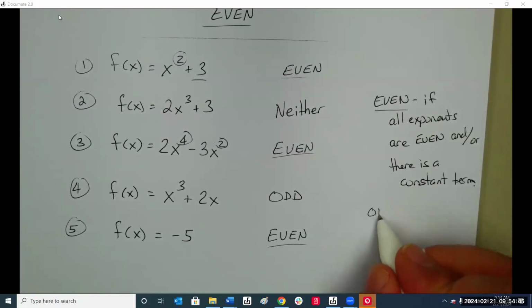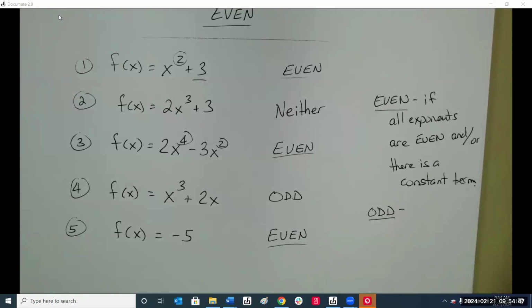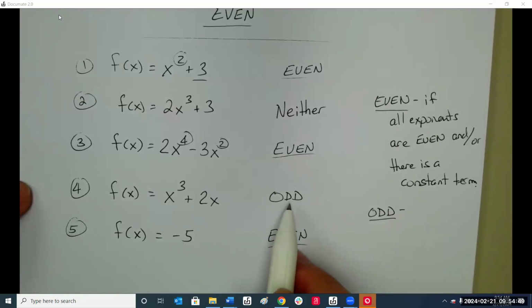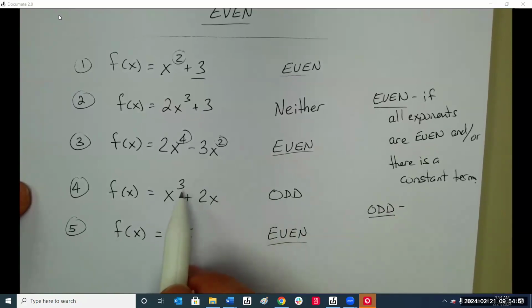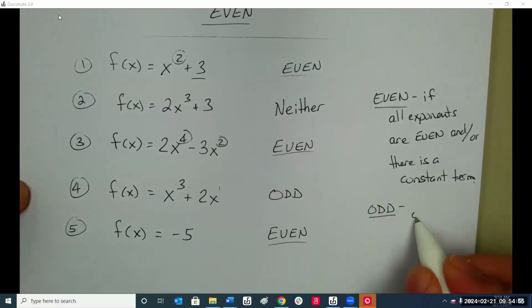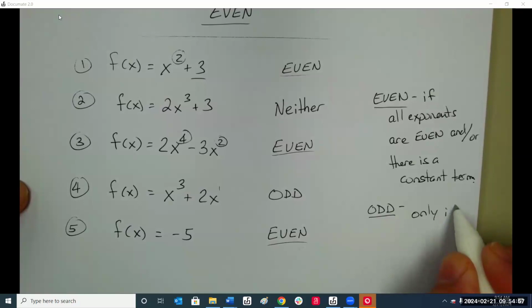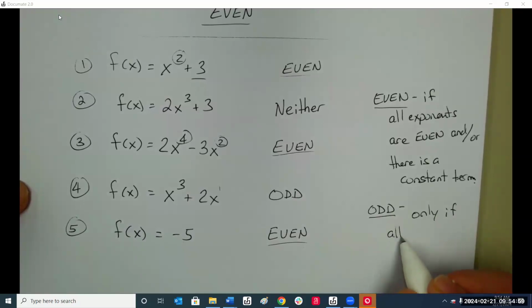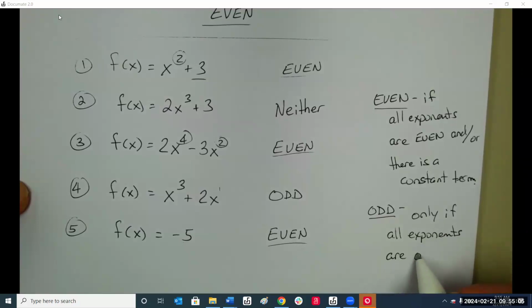When is it odd? The only one we have odd is only if they're odd exponents. Only if all exponents are odd. No constant term.